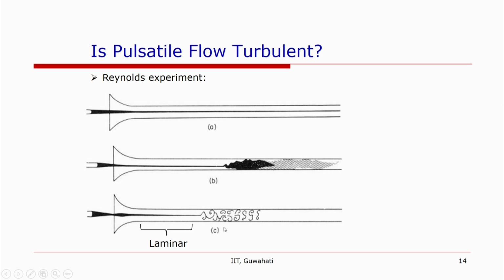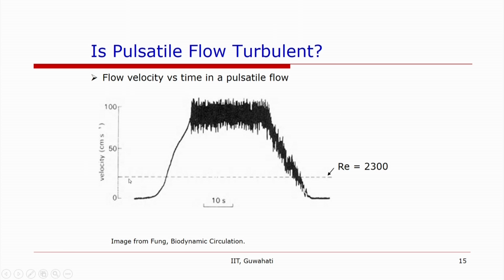And this has a consequence in the pulsatile flow. This image shows velocity with respect to time for a pulsatile flow. This dotted line corresponds to the Reynolds number based on the velocity scale, which is the average velocity in the channel cross section.